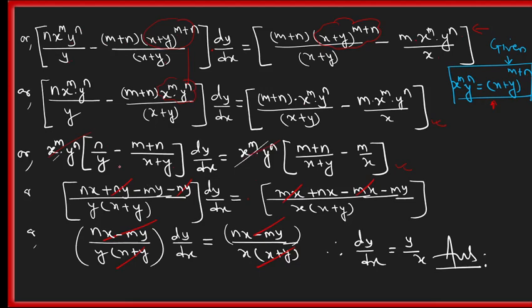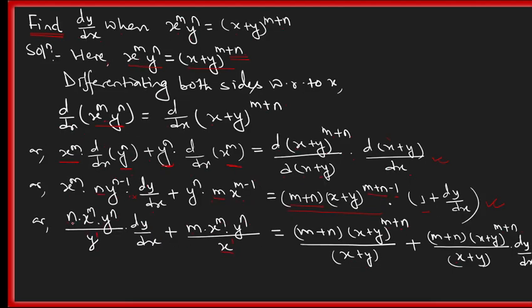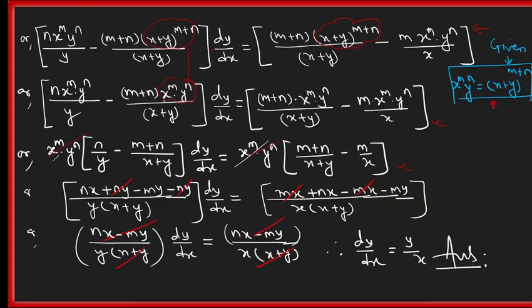Then taking LCM, x to the power m y to the power n is common, and here also x plus y to the power m plus 1 is common, and this is replaced by x to the power m y to the power n, and also you can cancel. You can interchange or do it the similar way. That is your choice, you can do as you like.